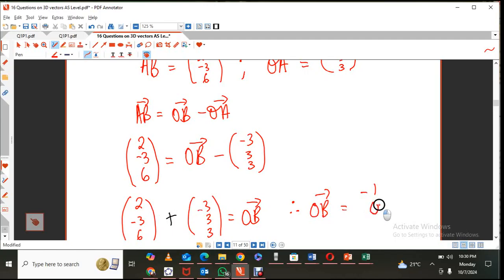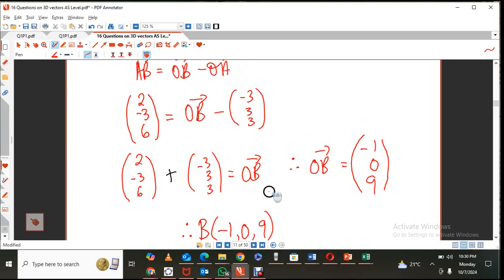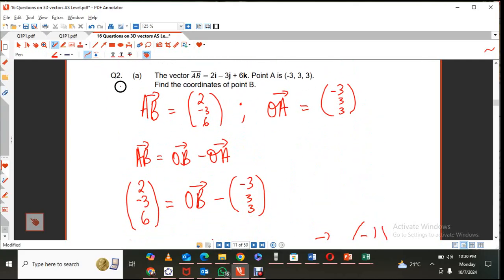Negative 3 plus 3 is 0. 6 plus 3 is 9. So if this is the position vector OB, then the coordinates of point B would be nothing but negative 1, 0, 9. And that is what they were asking us to find here: the coordinates of point B.